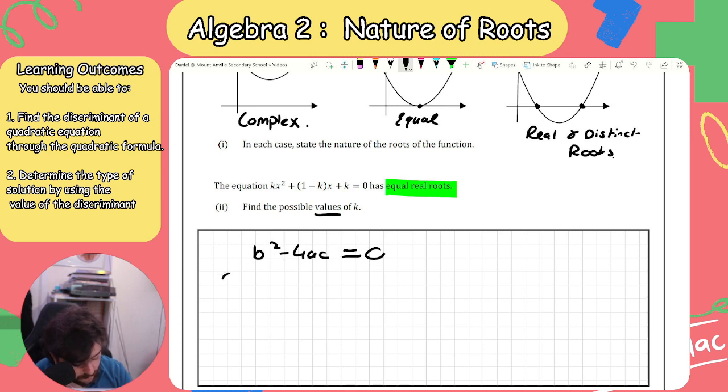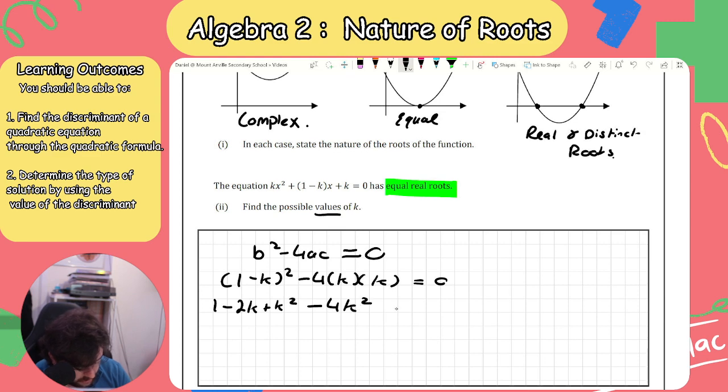So 1 minus k, all squared, minus 4 times k equals 0. This multiplies out to 1 minus 2k plus k squared minus 4k squared equals 0.